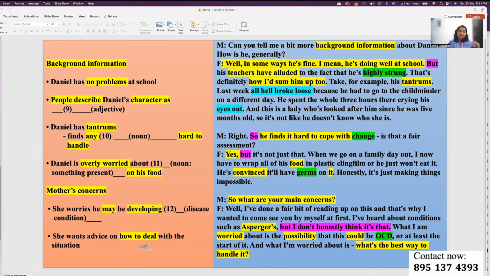So you just check that the last bullet point is written: she wants advice on how to deal with the situation. They beautifully paraphrase that sentence. What's the best way to handle it? How to deal? In the audio you can hear "what's the best way to handle it." Okay, so this is the way we are finding the answer.